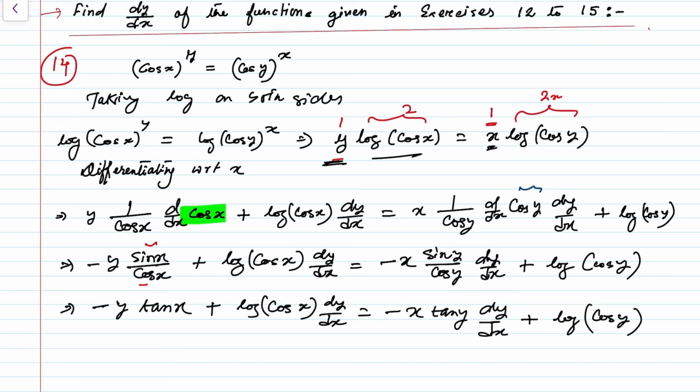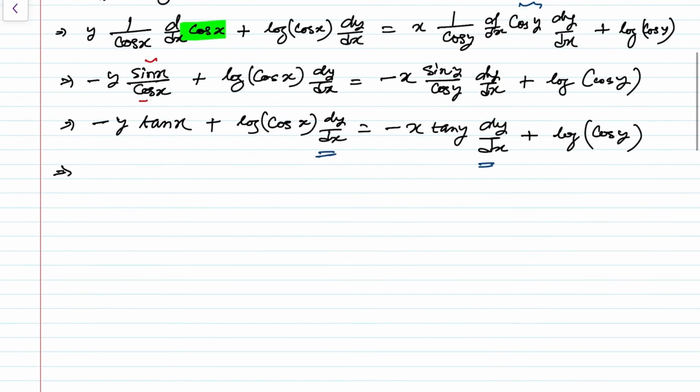So from here, take the terms containing dy by dx on the same side of the equal sign. Take these two terms on the same side and take dy by dx as common.